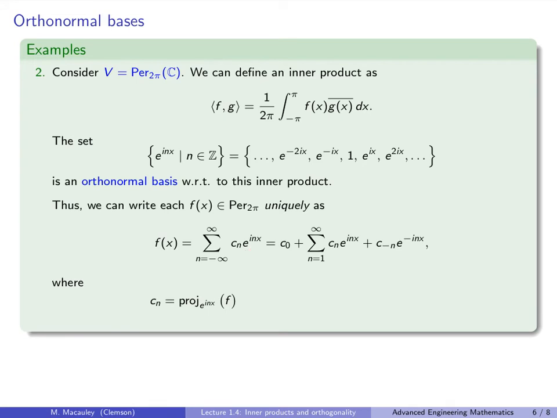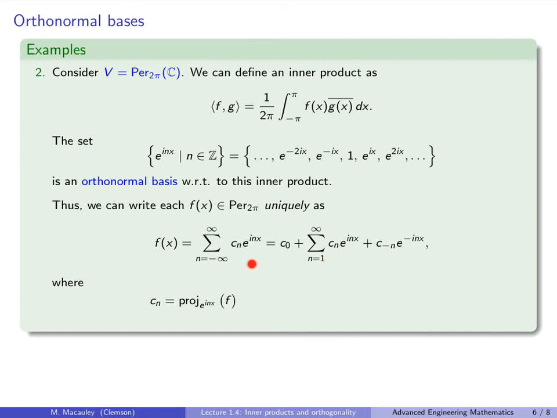There are infinitely many of them, so we have to sum from negative infinity up to infinity. Now, not everybody likes this double sum business. So what you can do is take the n equals 0 term and pull it out. That's a constant. And then package the positive n and negative n terms together and write this as a normal sum from 1 to infinity.